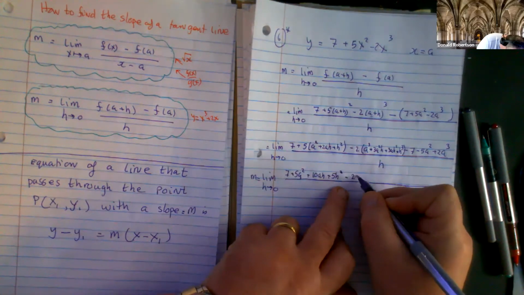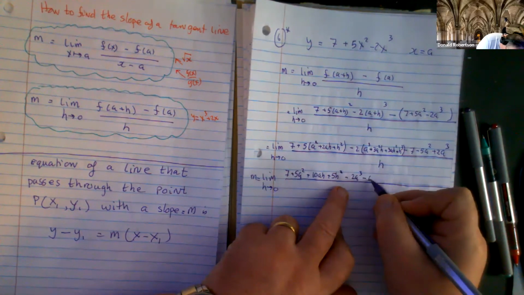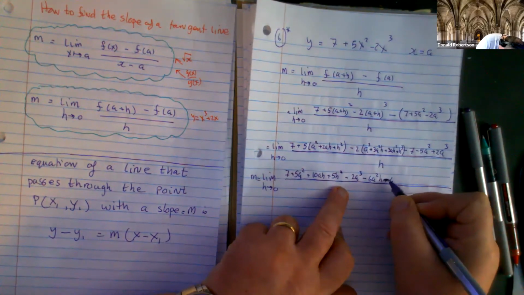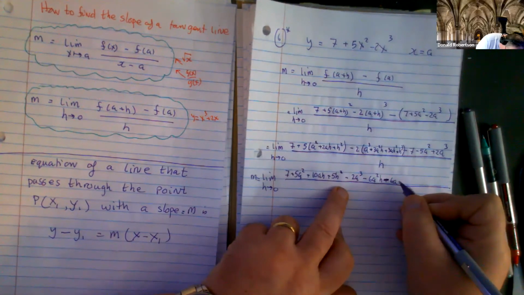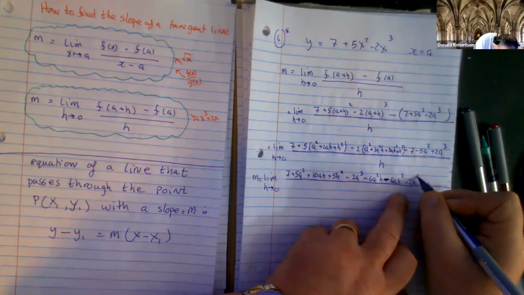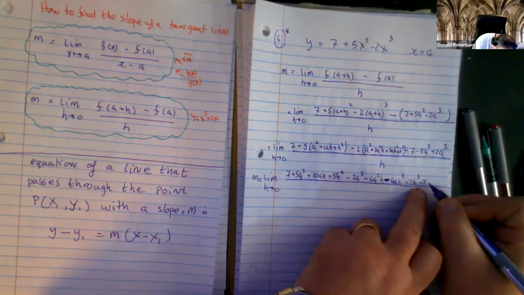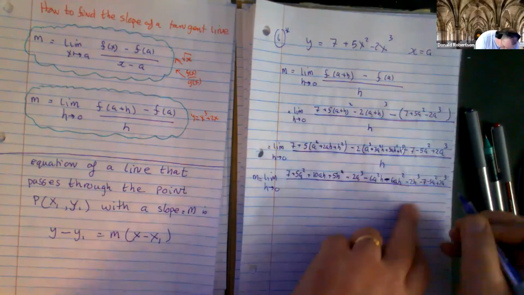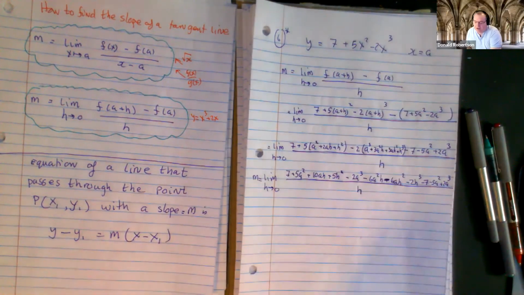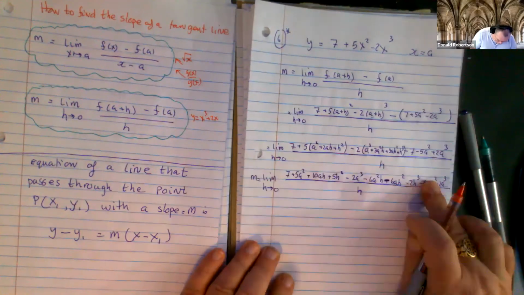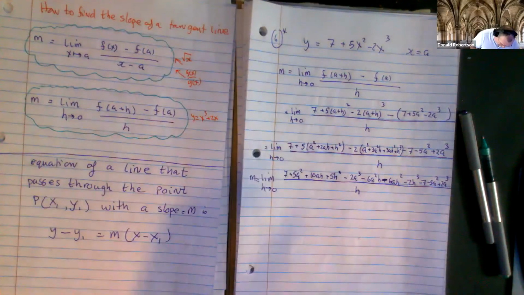Take away 2a cubed, 6a squared h, take away as well 6ah squared, take away 2h cubed, minus a 7, minus a 5a squared, plus a 2a cubed, all over h. Right, that is as ugly as it's going to get. It's now going to start getting nicer. This entire horrible mess is going to become eventually a lot nicer.